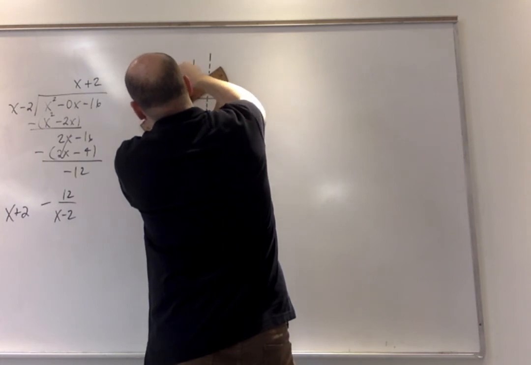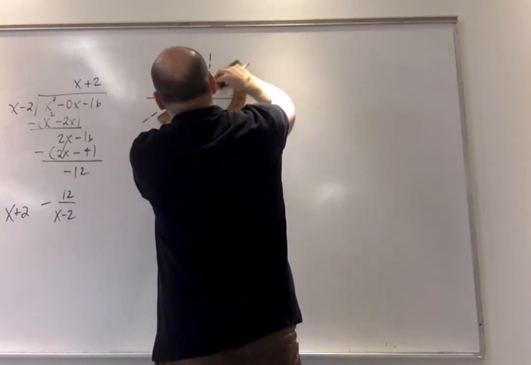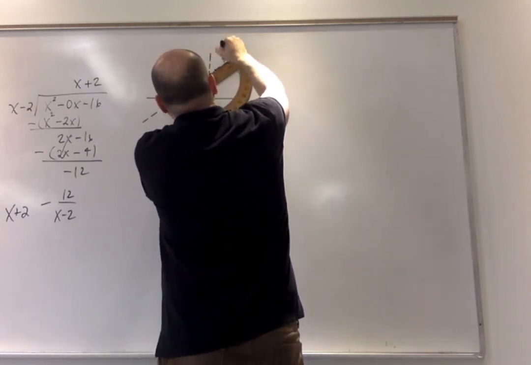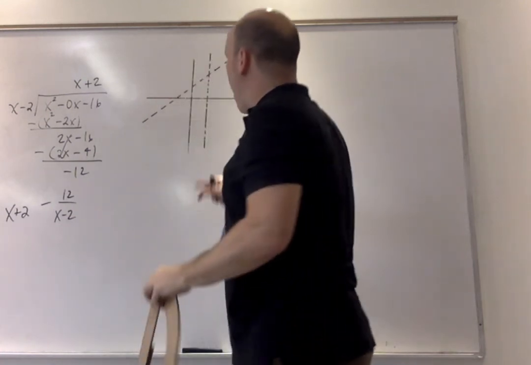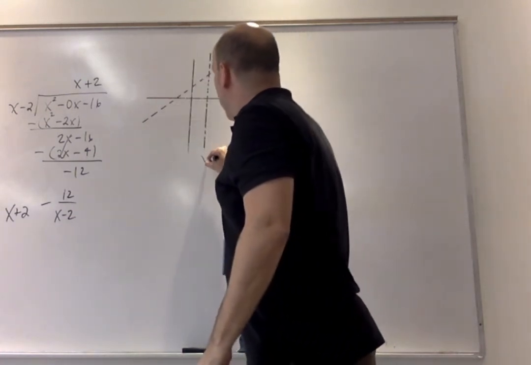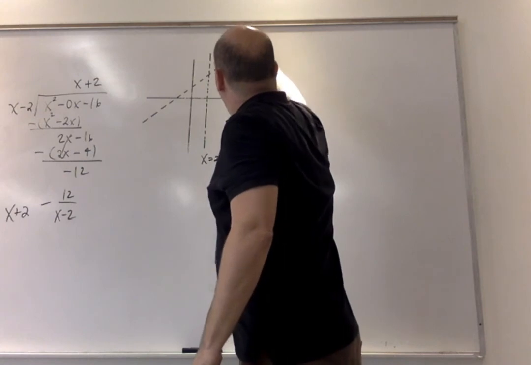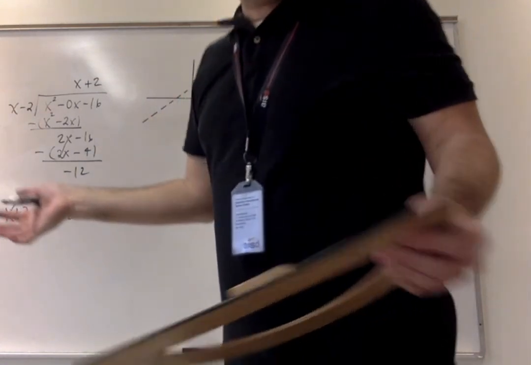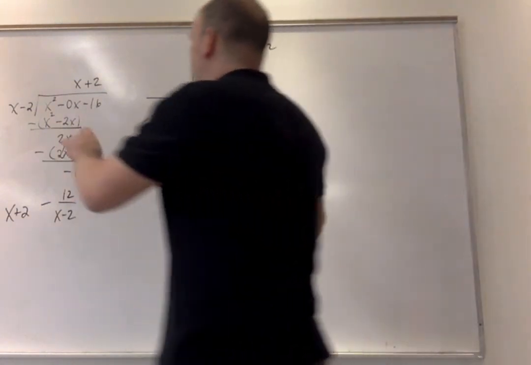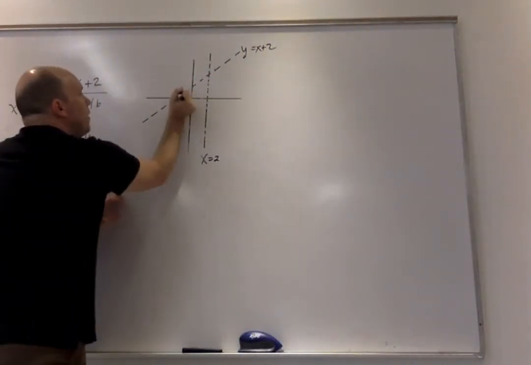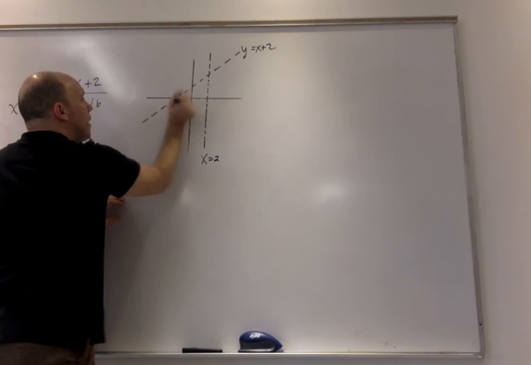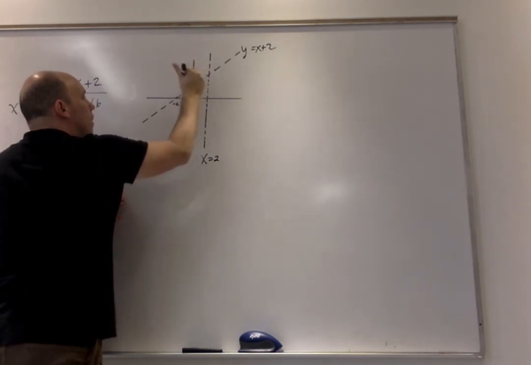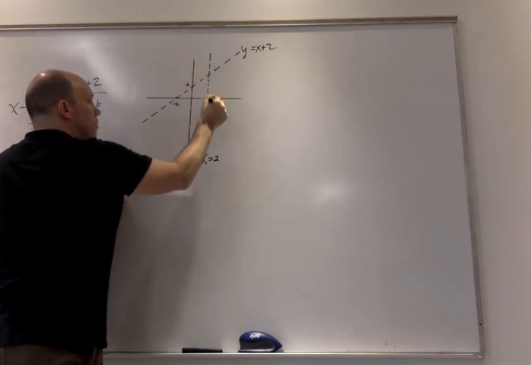You absolutely have to know how to graph this line this quickly. No exceptions. And you have to label it: x equals 2, y equals x plus 2. Put in some of the zeros and the intercepts. I've labeled this to help you. This is negative 2. This is positive 2.